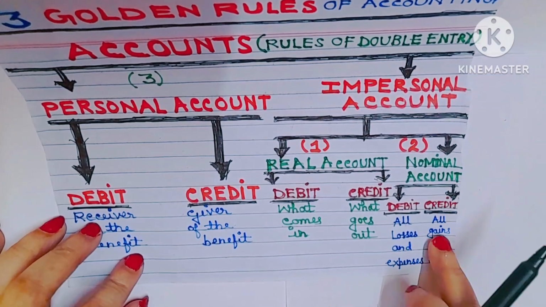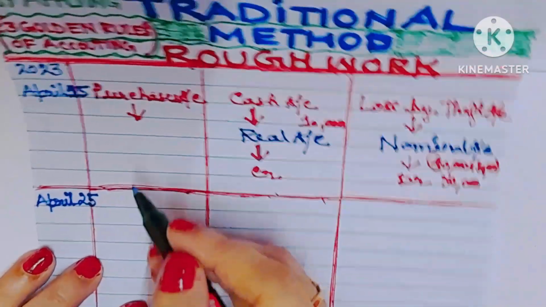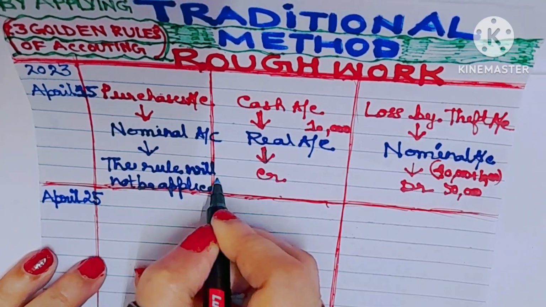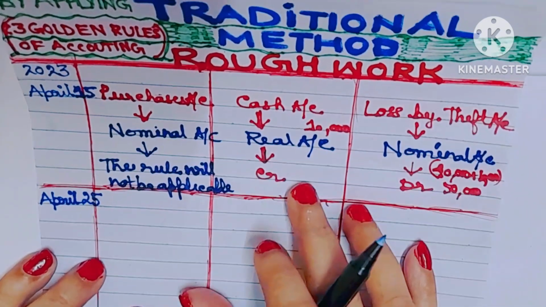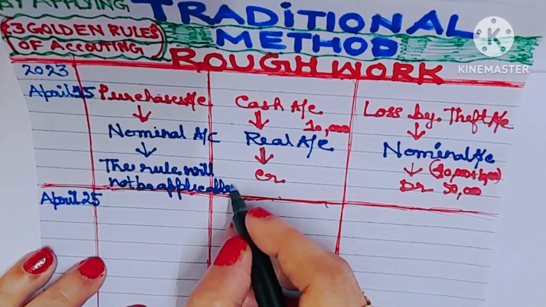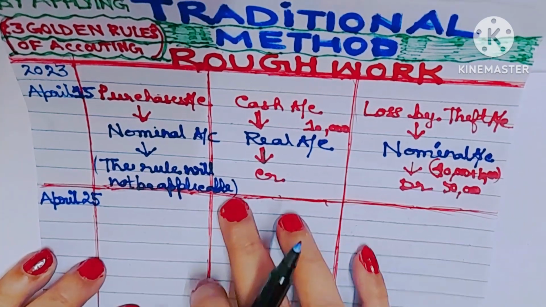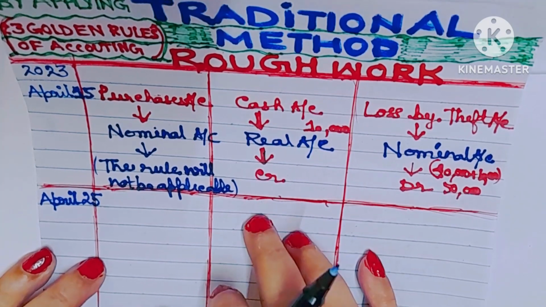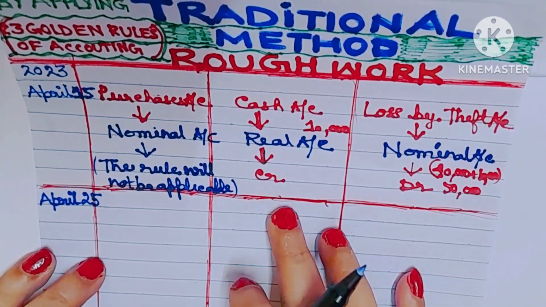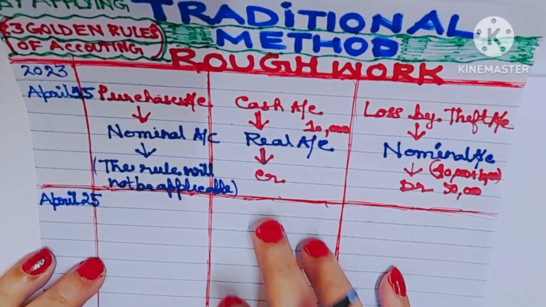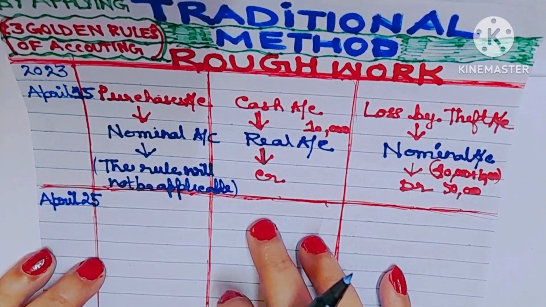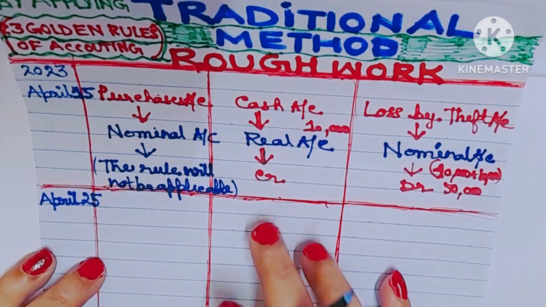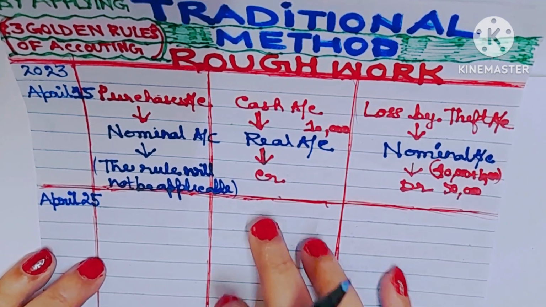Now, let's analyze purchases account. Purchases account comes under nominal account. Here the traditional method or the three golden rules of accounting will not be applicable, because goods worth rupees 40,000 were stolen by an employee.